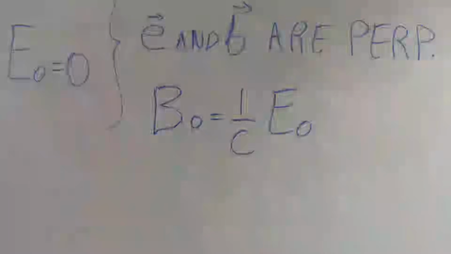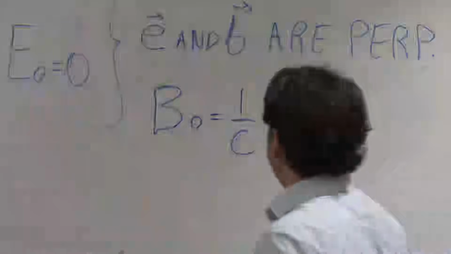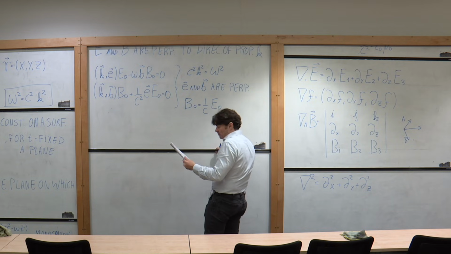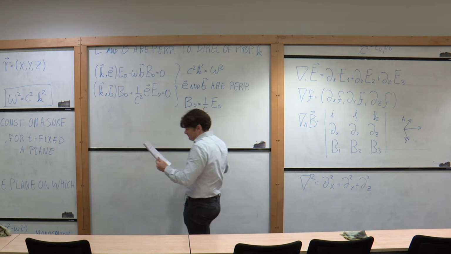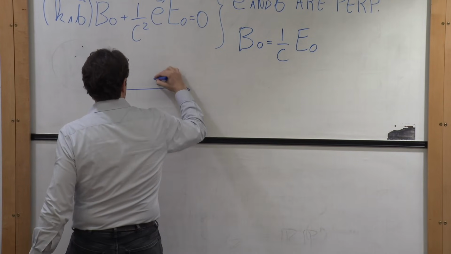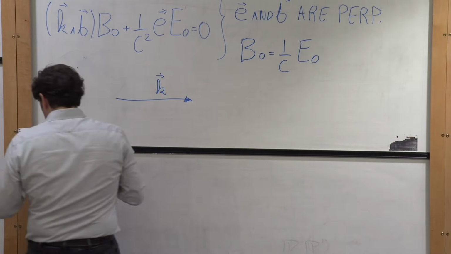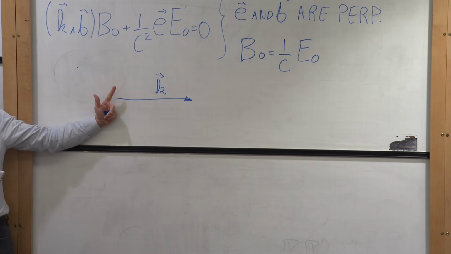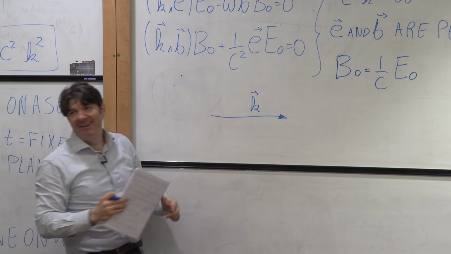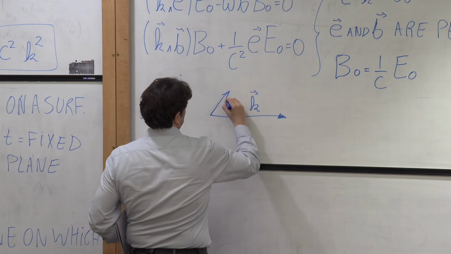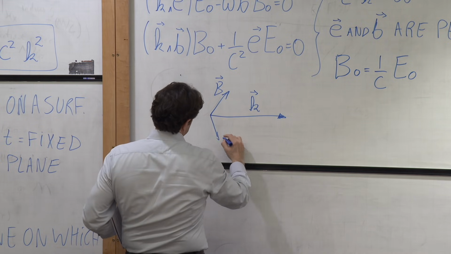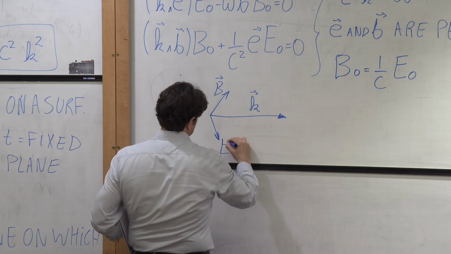Beautiful. So now it comes something quite cool. So what is the shape of all this? What we are saying is, if this is k, the direction of propagation, then E and B are perpendicular to k and perpendicular to each other. Okay? So, for instance, if B points in this direction, E has to point in this direction.